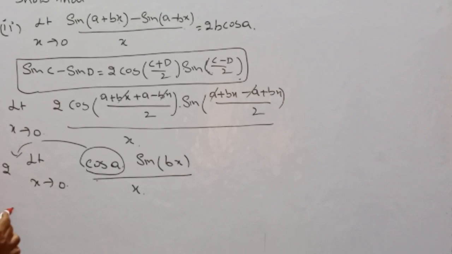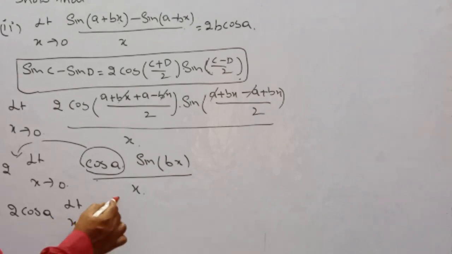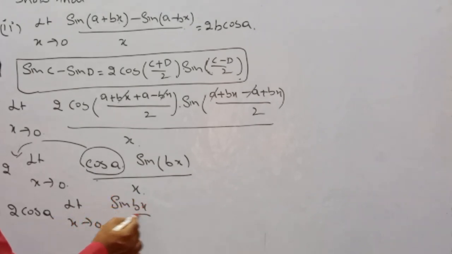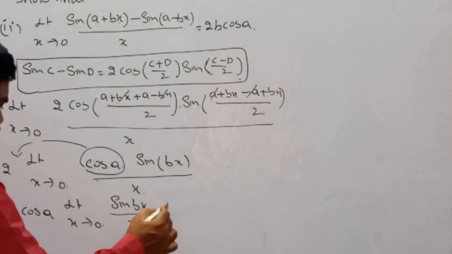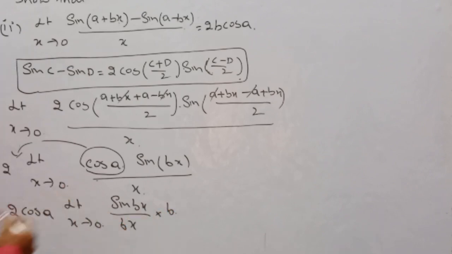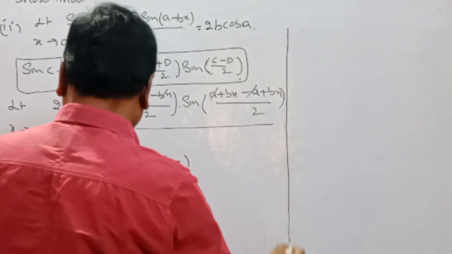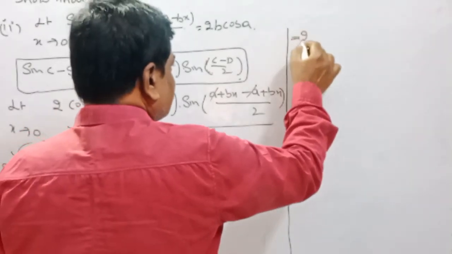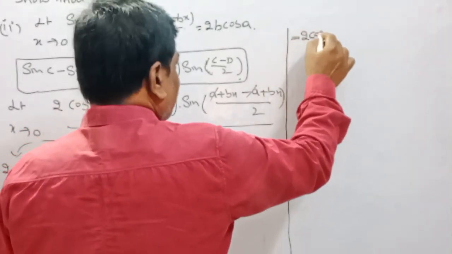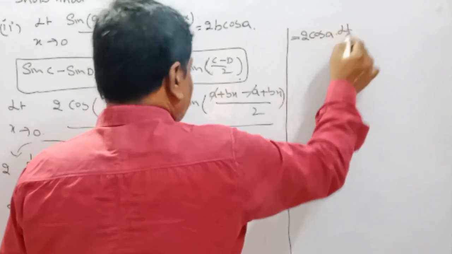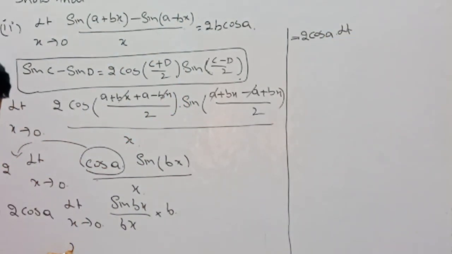This implies 2 into cos a, limit x tends to 0, sine bx by x. You can multiply with b and divide with b.